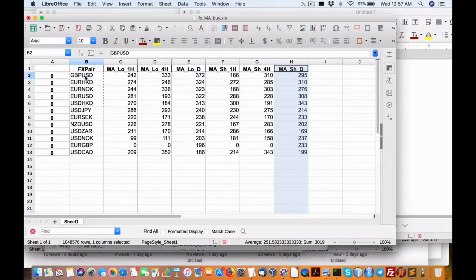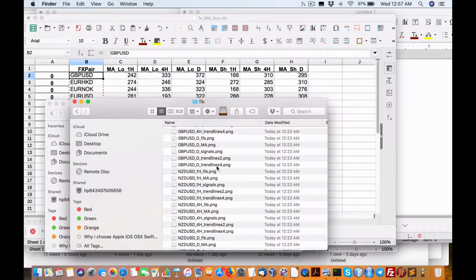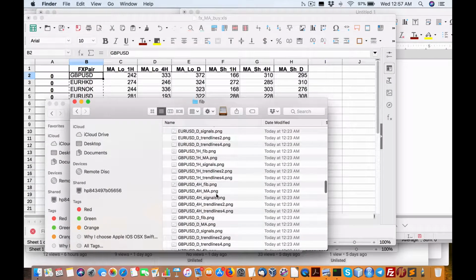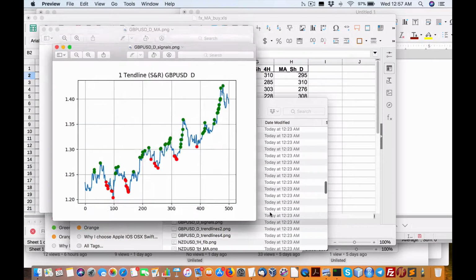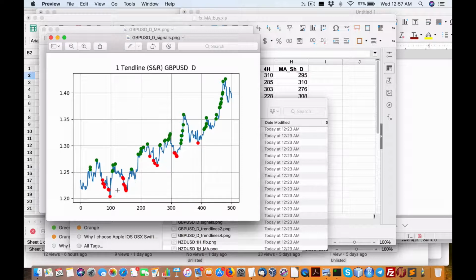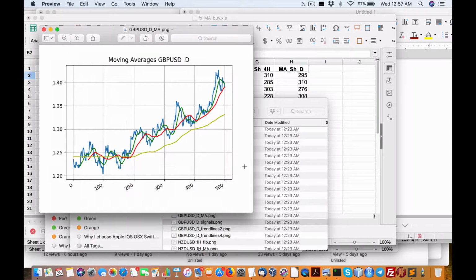So yeah, let's do it in the order of crosses of the 20-day crossing over the 50-day. So we'll do the GBP USD first, just to see. In here we have these buying signals. So we could do the daily. You can see here there are a higher number of buy signals in red.